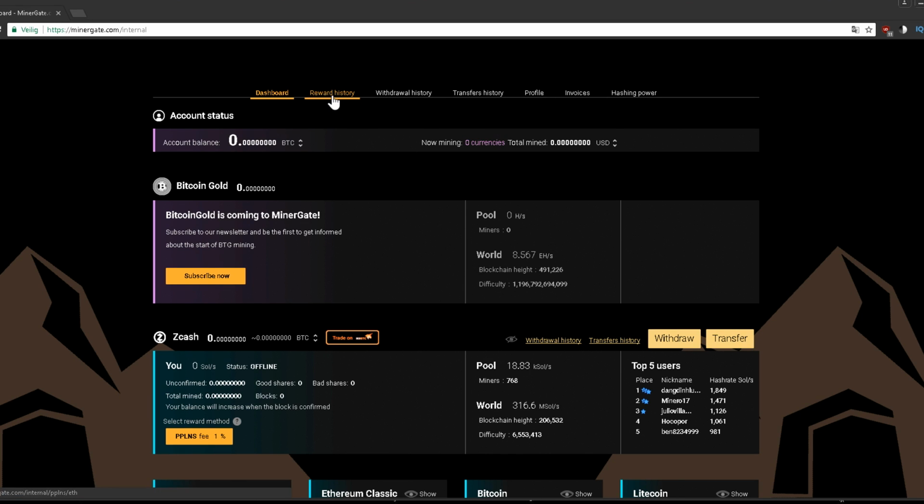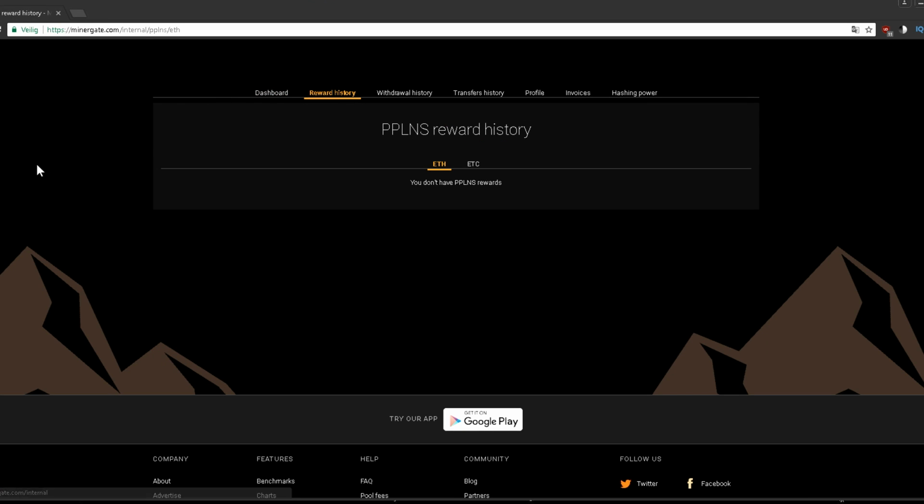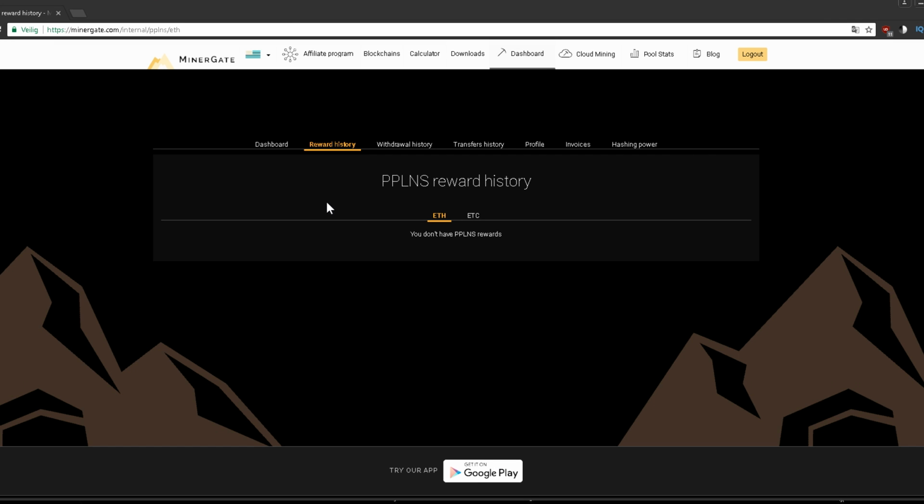Now we're gonna go to reward history. Here you can see the reward history for this method of payment for Ethereum and Ethereum Classic. So this is handy for the people that are mining Ethereum or ETC and want to check their rewards. Here you will see information when you have gotten a reward and at what time, etc. So keep an eye on this.